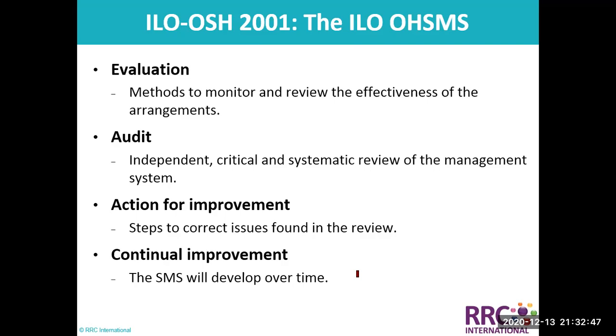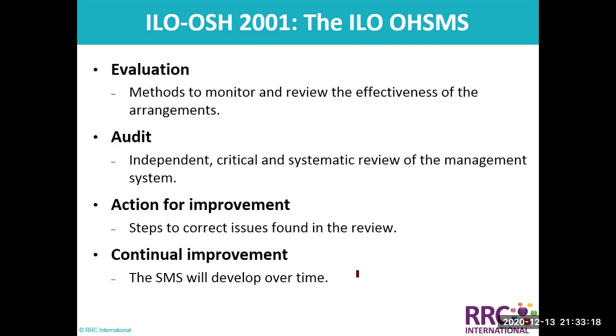Audit is an independent, critical, and systematic review of the management system. Right? Independent means it's independent of your organization, having a fresh pair of eyes, kind of having a consultant come do this, so that it will be fair and objective, and to bring out how things are as per your system.